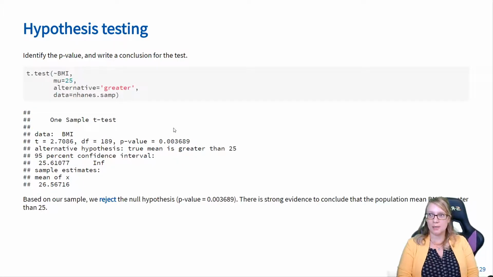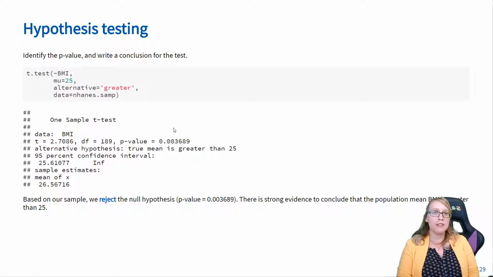It's a very small probability. So based on our sample, we will reject our null hypothesis because this p-value is so small. There is strong evidence here to conclude that the population mean body mass index is greater than 25.